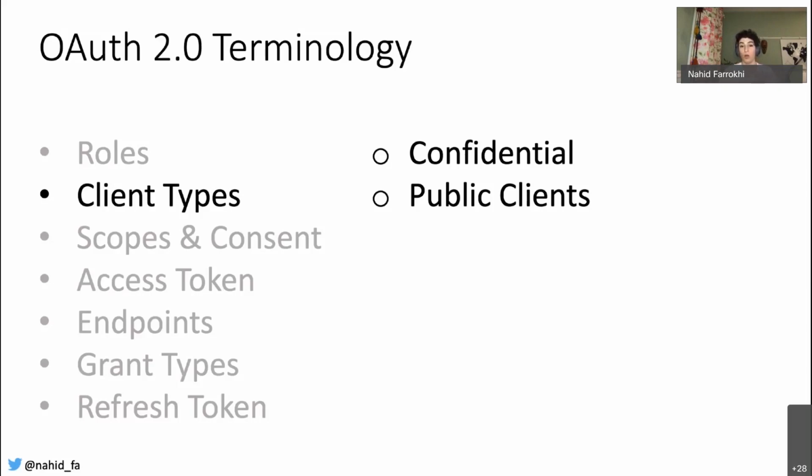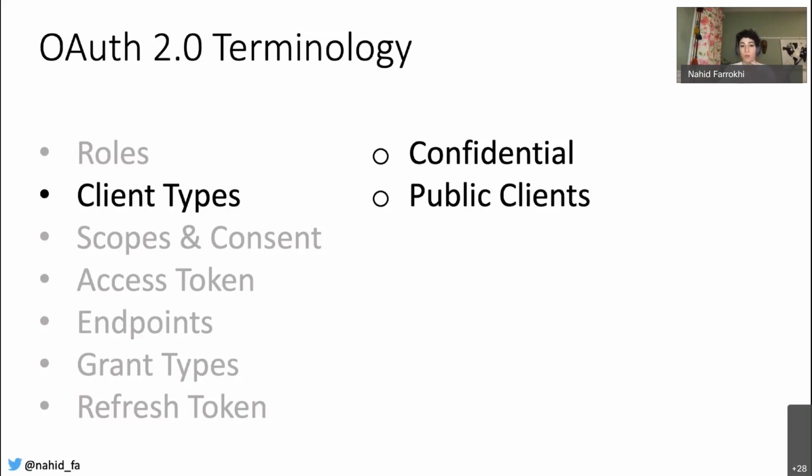Another property the client has is a client secret. The secret is known only to the client, this application, and the authorization server. Again, it's a random string that shouldn't be guessable, and it's best to use cryptographically secure libraries to generate that secret.